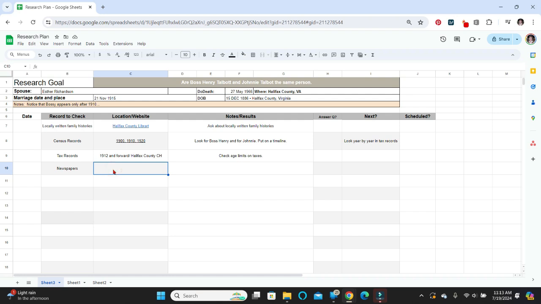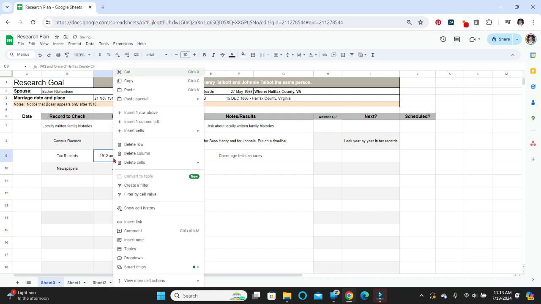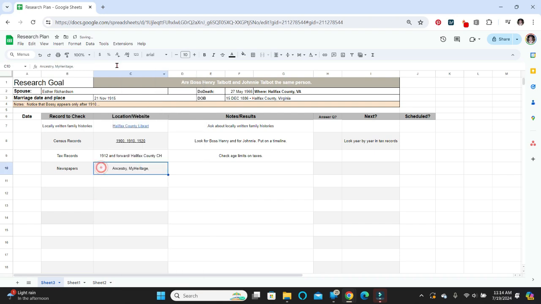So I would use Ancestry, I would use MyHeritage, newspapers.com. What else would I look at?